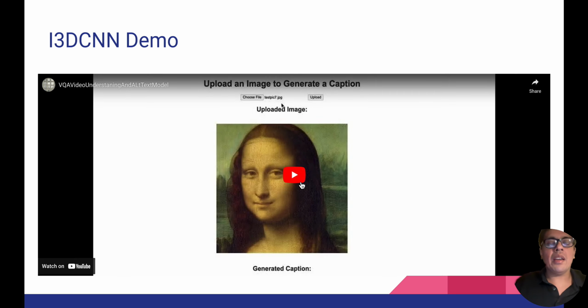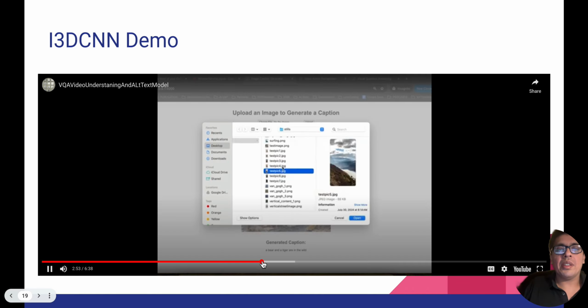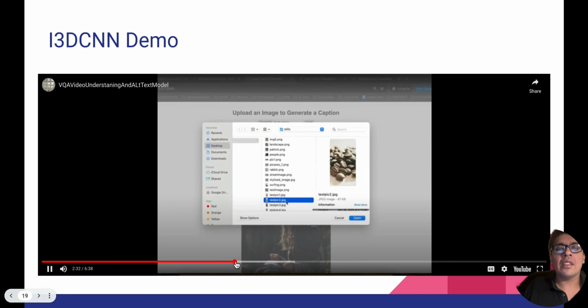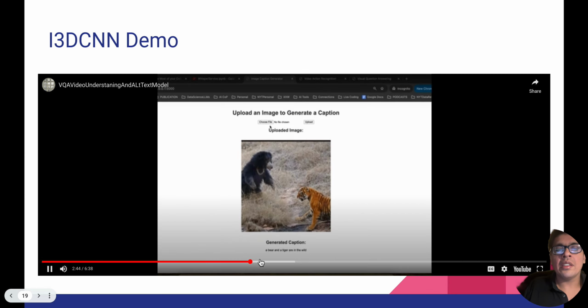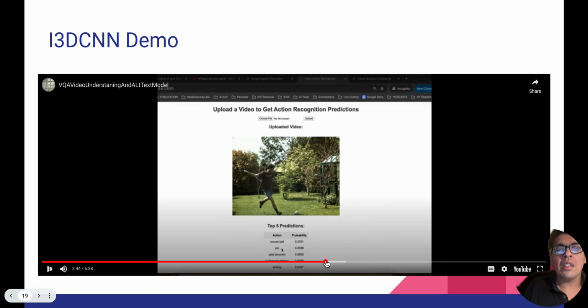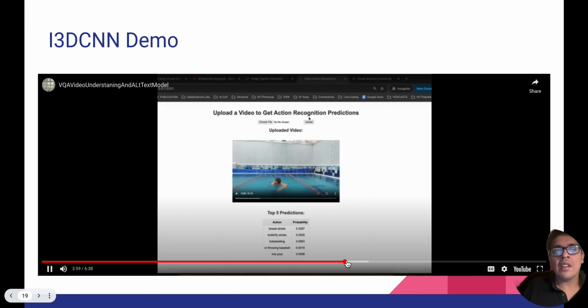And here's the demo I've made of the I3D CNN. I'll skip to the parts that are about video understanding that are interesting. It describes objects in an image, but what's happening within a video.